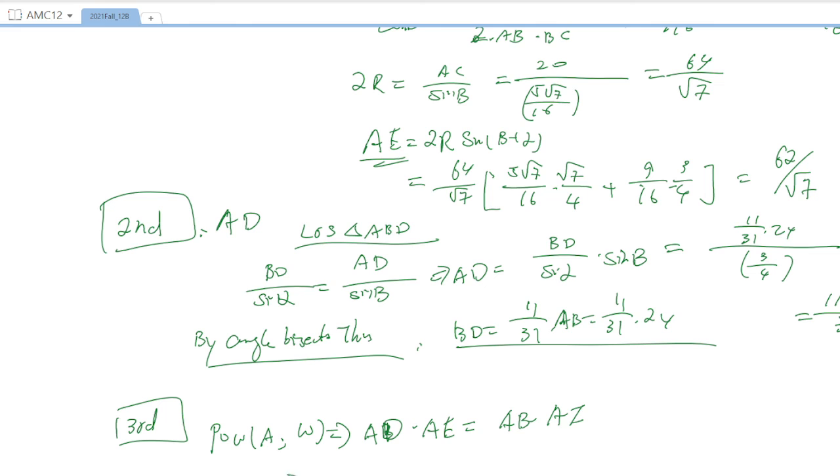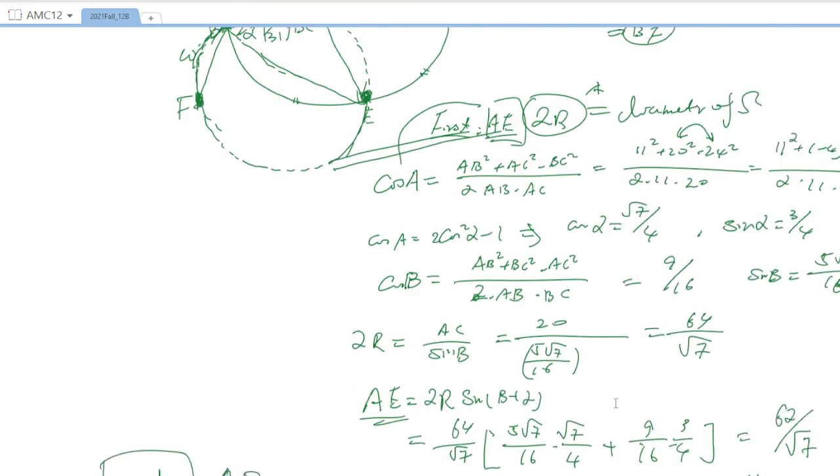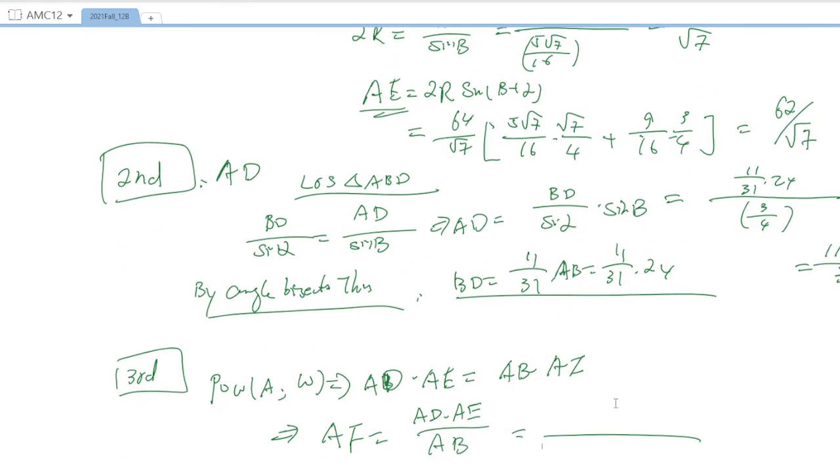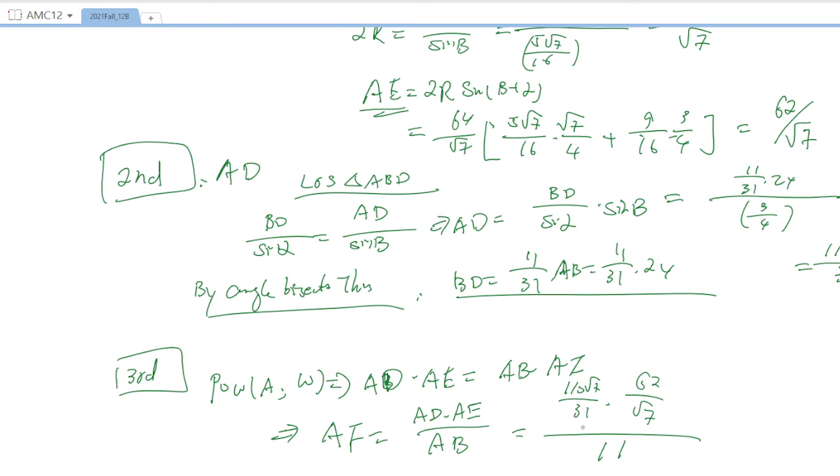So now we can solve AF, equal to AD times AE over AB. AB is 11, so we have 11, and 110 root 7 over 31 times 62 over root 7. See, that's why I don't want you to rationalize, right? So it's 20. Okay, good.